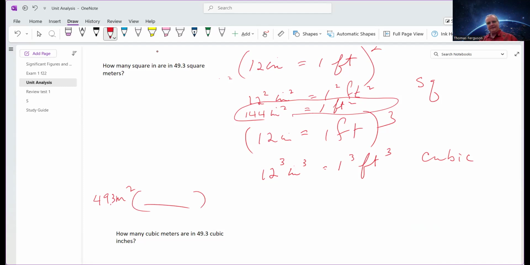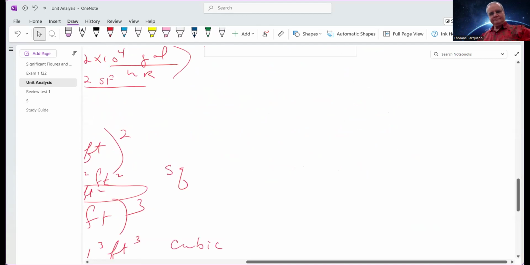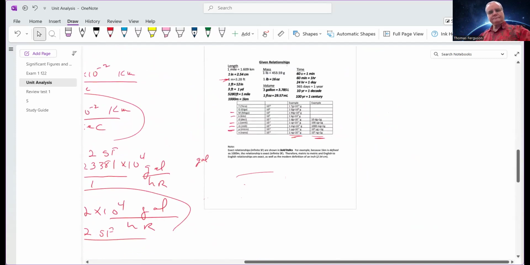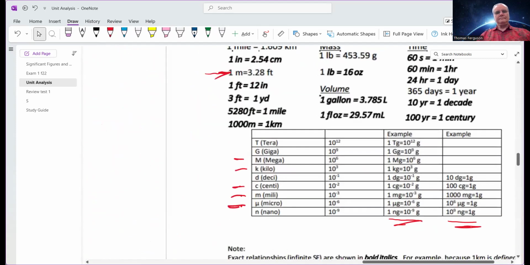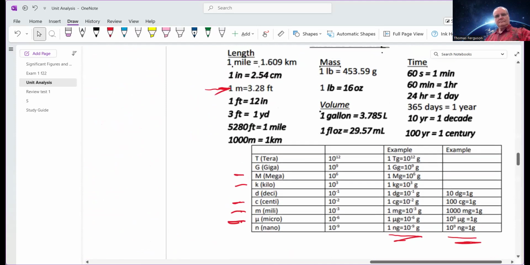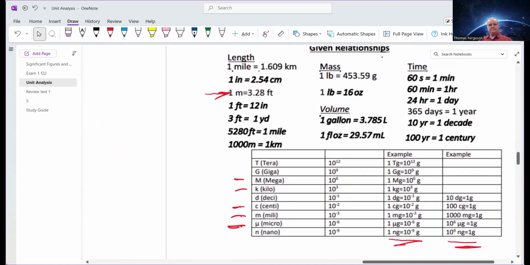All right. So how are we going to do this? Okay, what are we starting with? Square meters, okay?